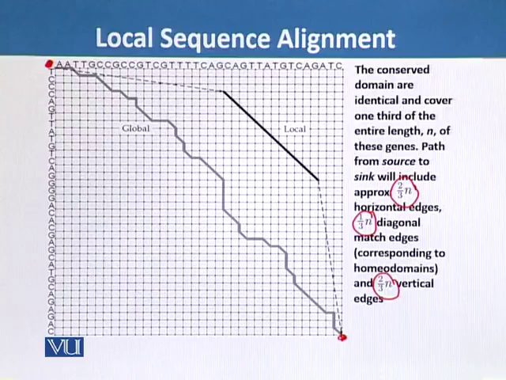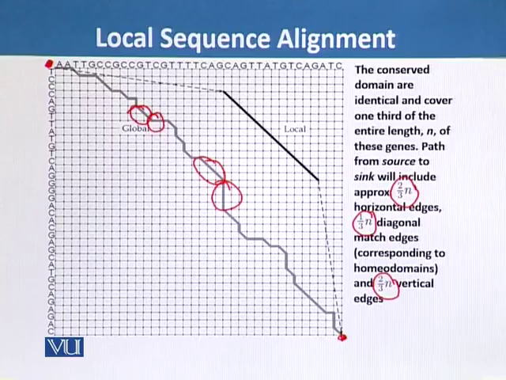We can see that only the diagonal positions are aligned between the two genes. These diagonal positions are matches between the two genes, but the vertical and horizontal lines do not have matches. They are either mismatches or indels.